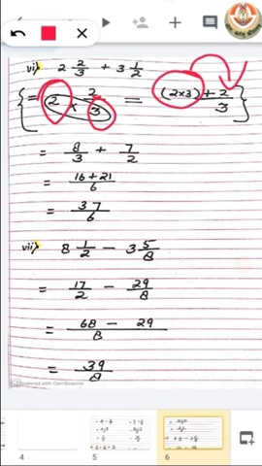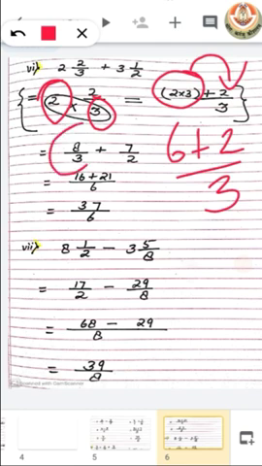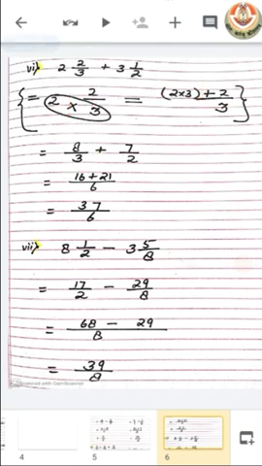So multiplication of 2 and 3 will be 6, and when we add 6 with 2, we get 8 upon 3. 3 is whatever denominator we had before, we have to put the same for the improper fraction also.